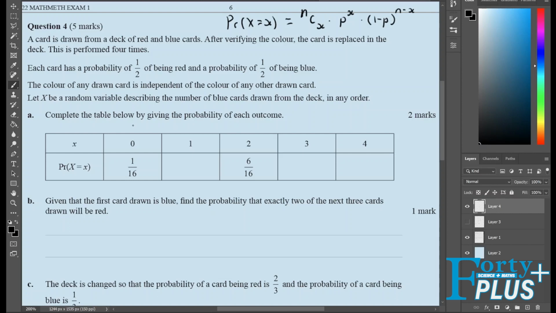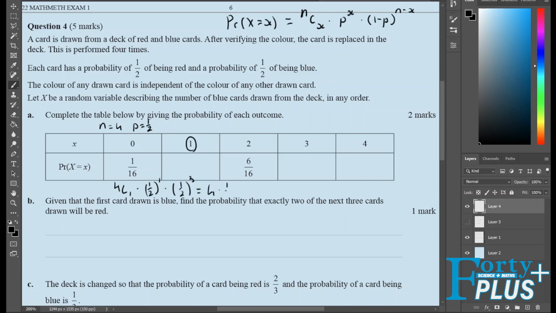So in this scenario, n is equal to 4 and p is equal to 1/2. So when we're trying to find for 1, it's going to be 4 choose 1 times 1/2 to the power of x, which is 1, times 1 minus 1/2, which is just 1/2, to the power of n minus x, 4 minus 1, so it's the power of 3.